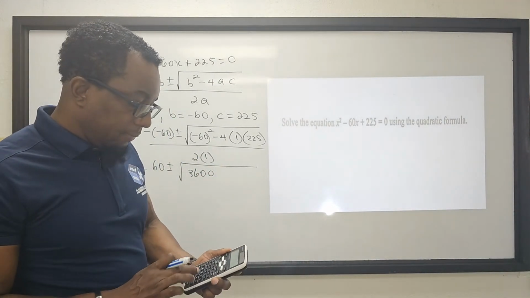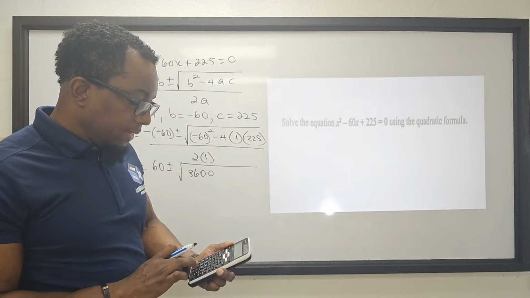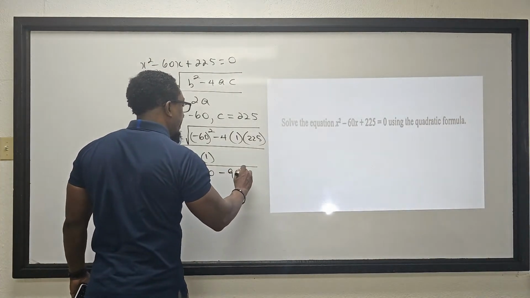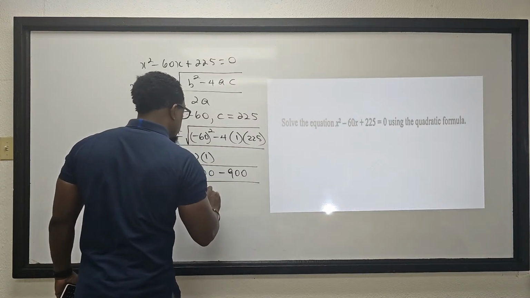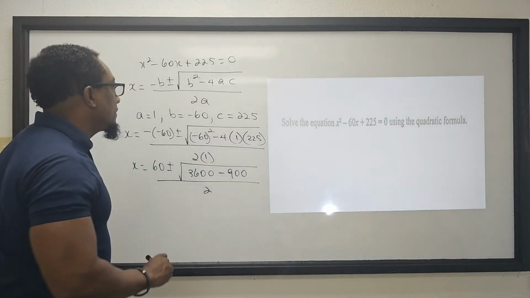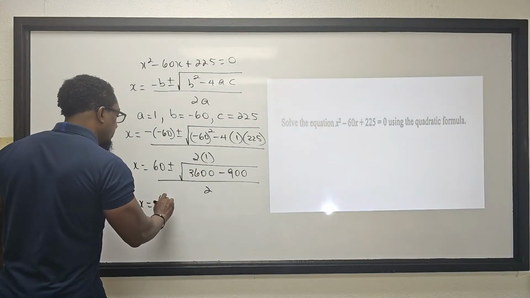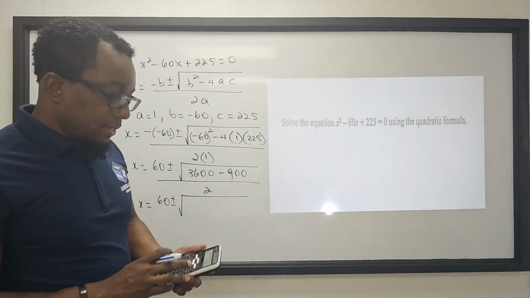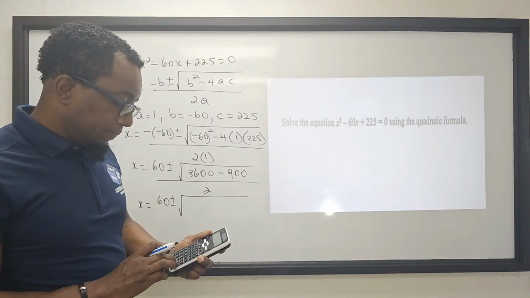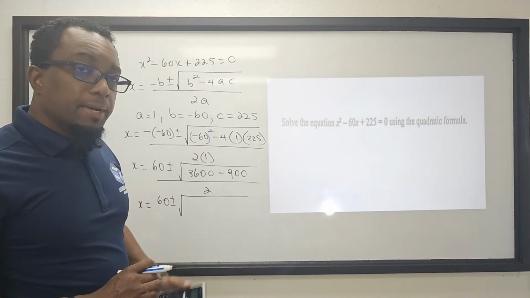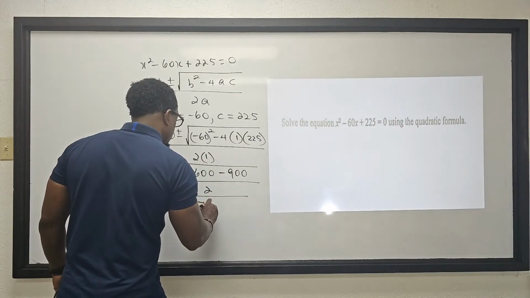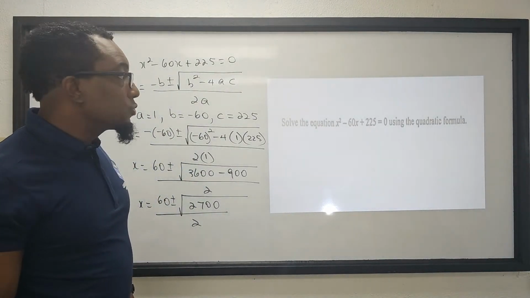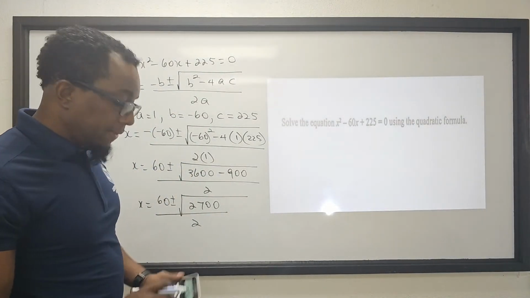So negative 4 times 1 times 225 will give us negative 900 all over 2. This will simplify to become x is equal to 60 plus or minus the square root of 3,600 minus 900 will give us 2,700 all over 2. So we find the square root of 2,700.